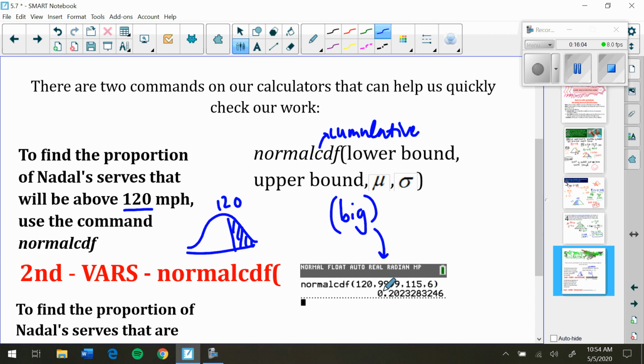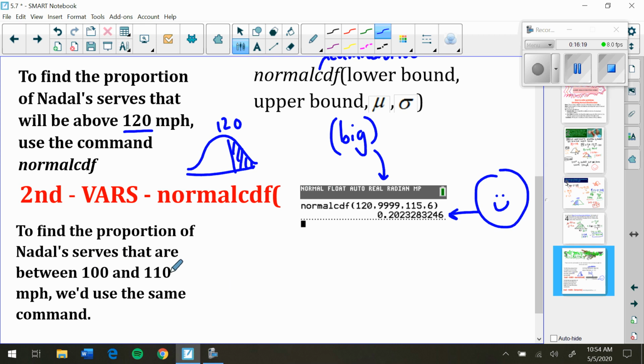So I did 9,999, a mean of 115, and a standard deviation of 6, and it spits out my answer, the same answer we got before. Yay, that's very exciting. We can do this with the other problem as well, between 100 and 110. I would just change 120 and 9,999 to 100 and 110. I don't have a little screenshot of that, but definitely try that.